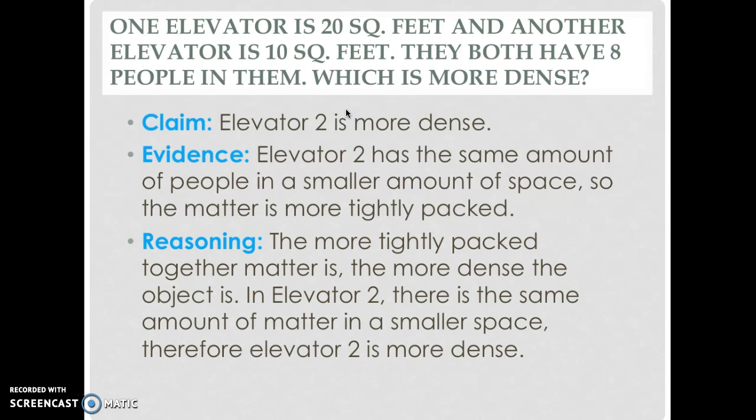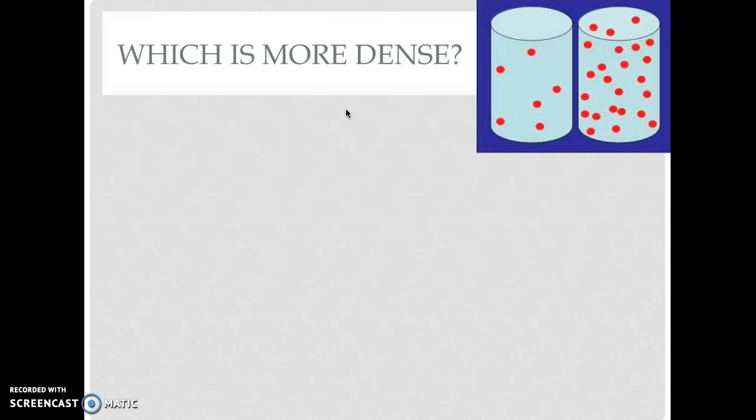And now, what is the reason? The more tightly packed together matter is, the more dense the object is. In elevator 2, there is the same amount of matter in a small space, therefore elevator 2 is more dense.